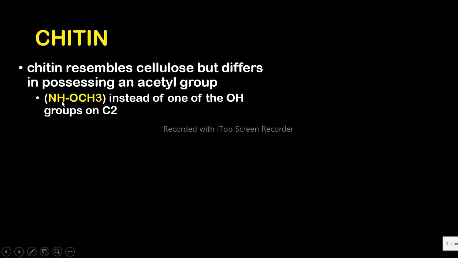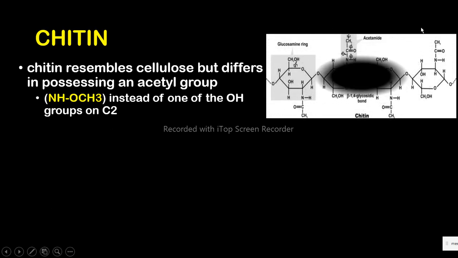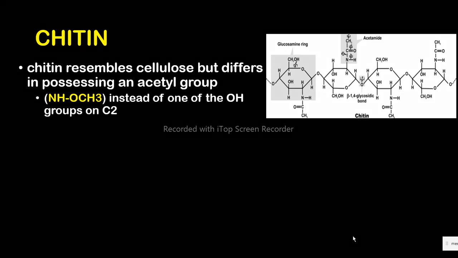And because of this NH, you can have a look. So this is our cellulose. On carbon number 2, instead of having the OH, you replace the OH with that acetylamide group.